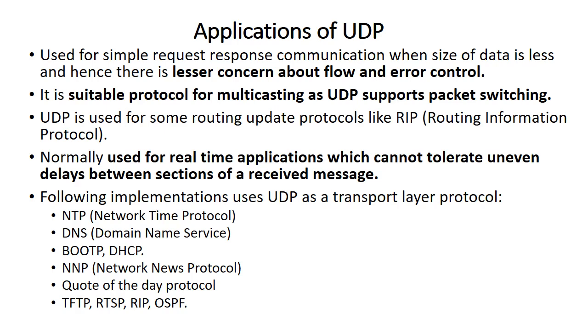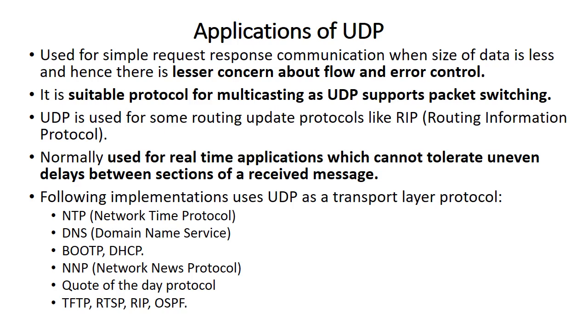It's an unreliable protocol with limited error checking capacity, so those who are not bothered about error control can go for UDP. It is also suitable for multicasting, and for updating information in RIP, the Routing Information Protocol we have already discussed.